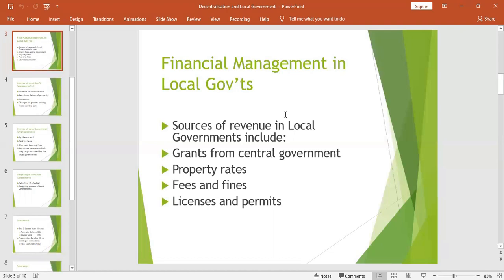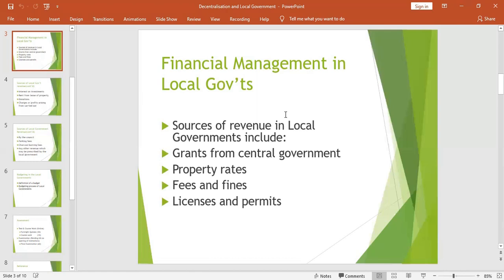For instance, money is given to the local government for maintenance of the roads, for schools, hospitals. So that money has conditions attached to it. That is what we call conditional grant. Then we have an unconditional grant, which has no strings attached, and then equalization grant. This is money given to the low-performing districts so that they can be at the same level of development with other districts.